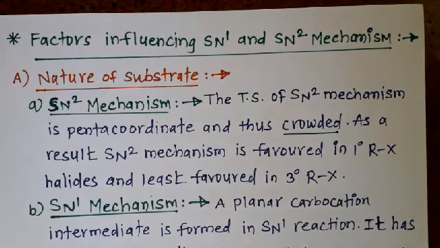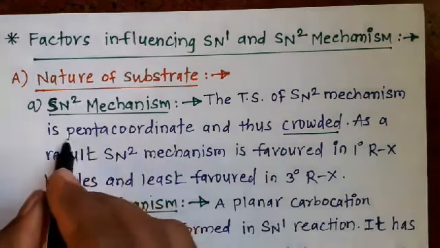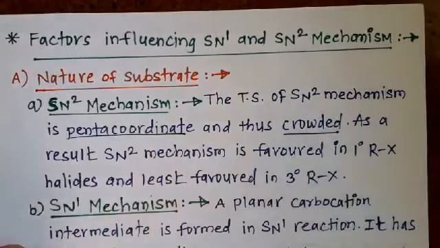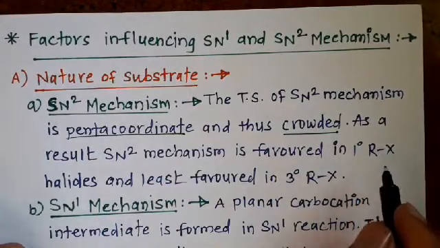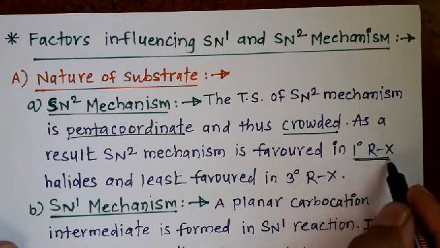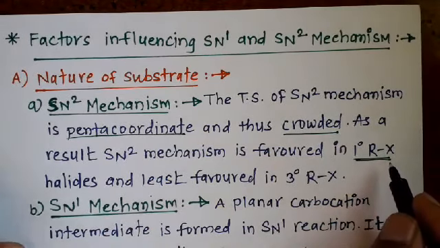We know that the primary alkyl halide has less crowding, but tertiary alkyl halide has more crowding. And we know in SN2 reaction mechanism, the transition state is penta-coordinated. There are 5 bonds. But if we take the primary alkyl halide, it is less crowded.